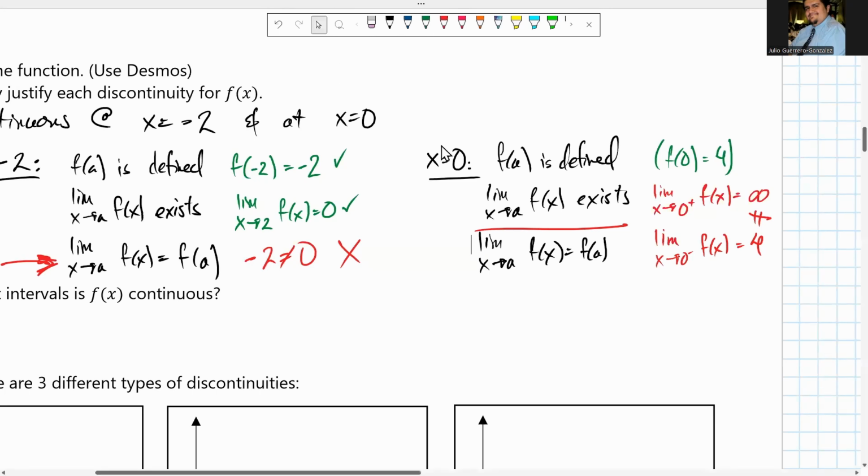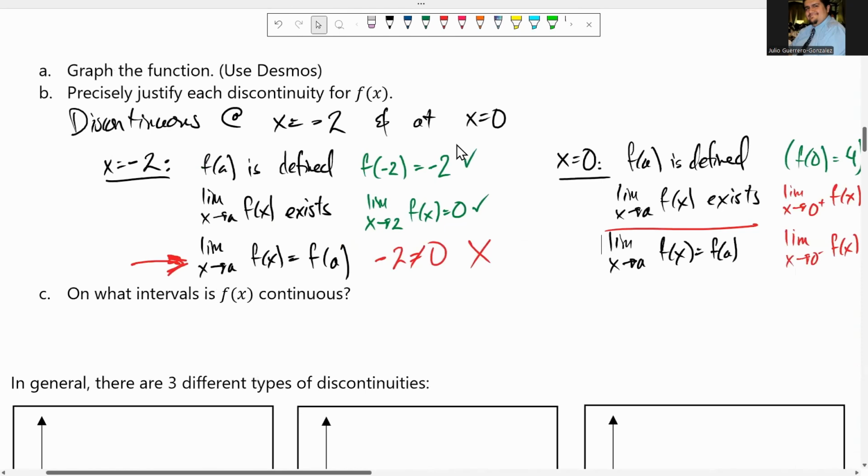Okay. Last part of our question. On what intervals is f of x continuous? This works out the same way as we did with the domain. When we did domain, we grabbed the values that didn't work, kick those out, everything else is fair game. Same thing here. We are going to collect all the values that are not continuous, kick those out, everything else is fair game.